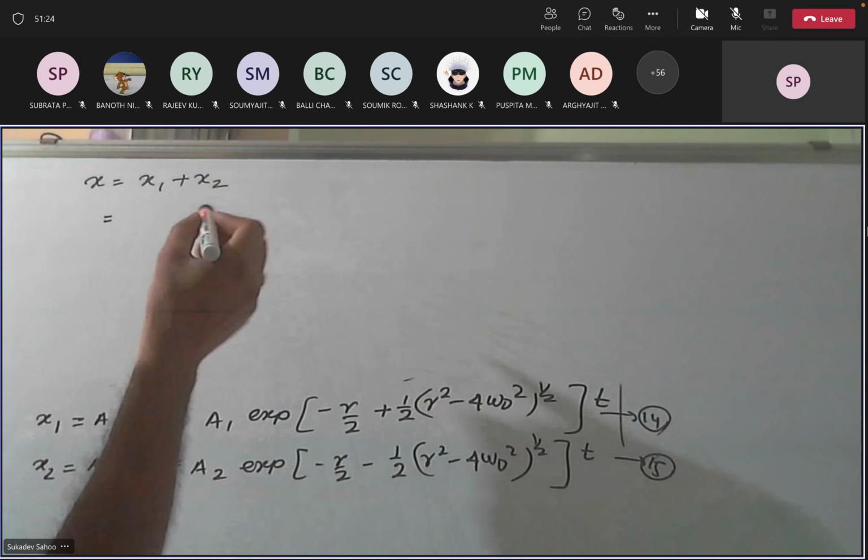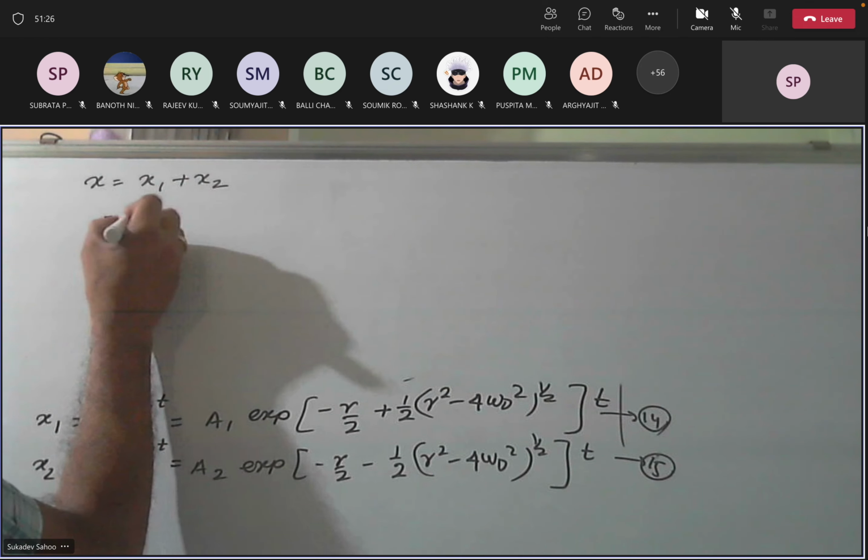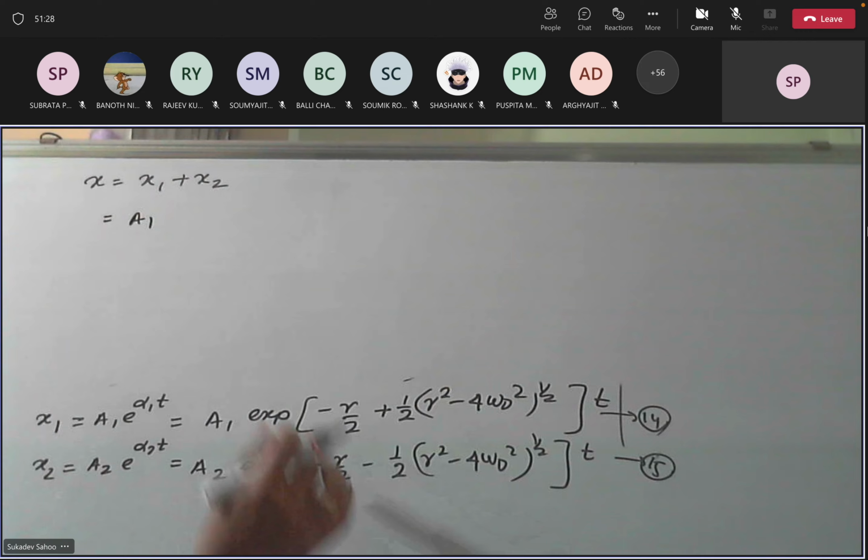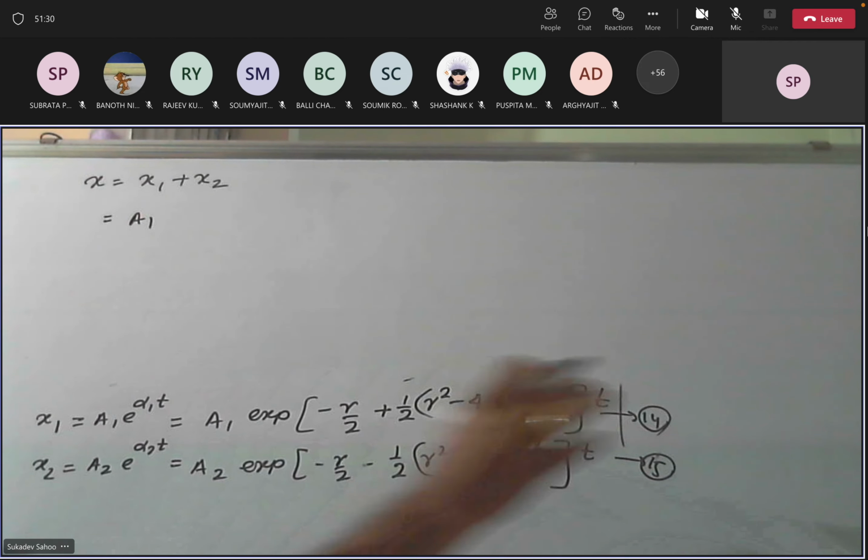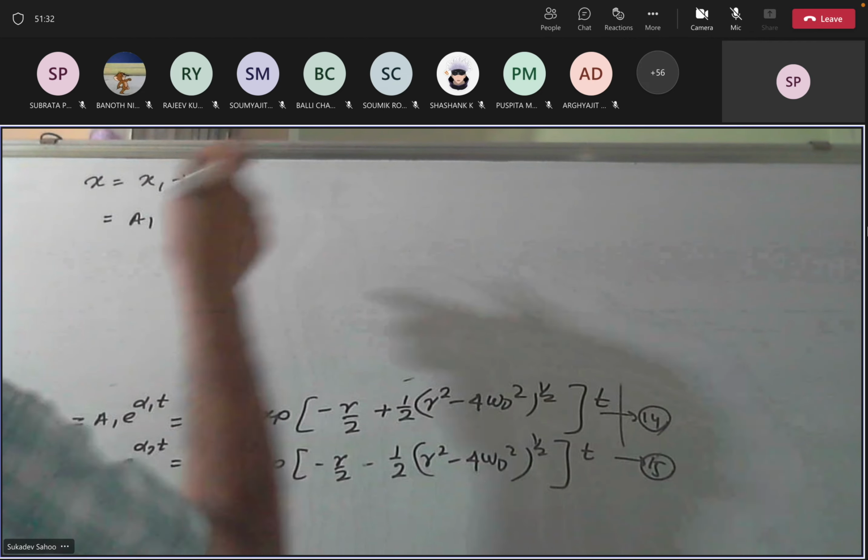So now we can write the general solution x equal to x1 plus x2. You can write this plus this, the right hand side of 14 plus 15.